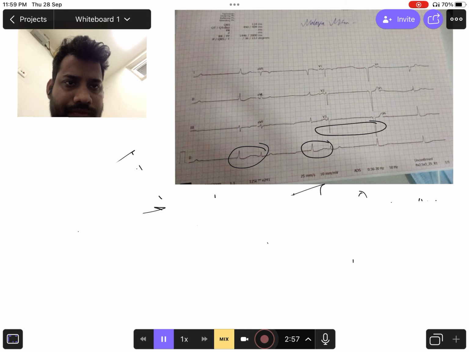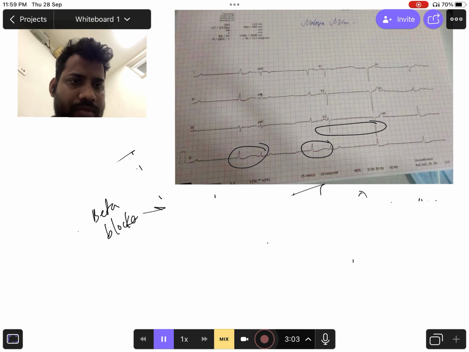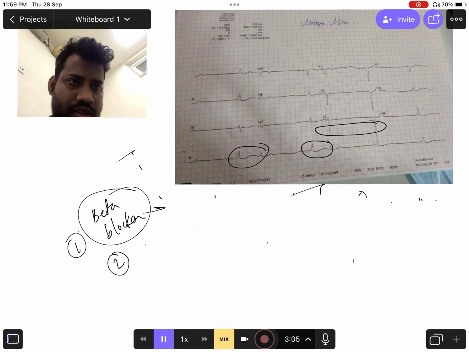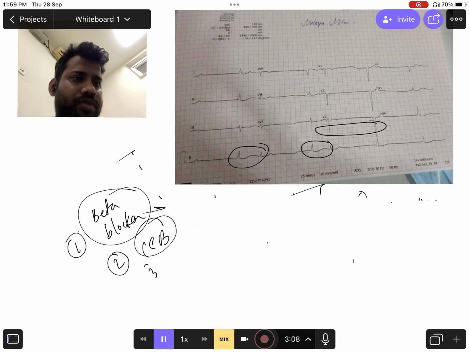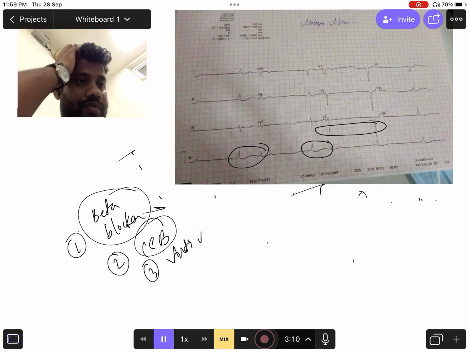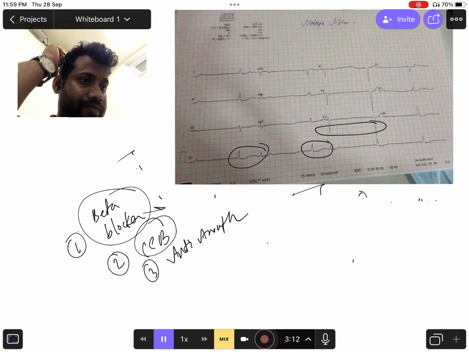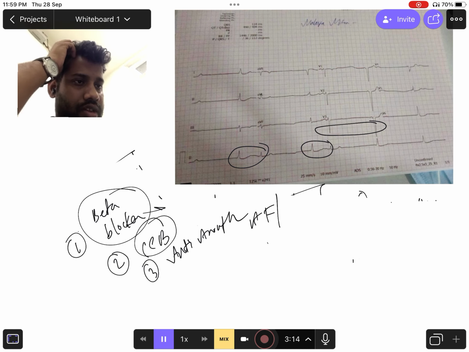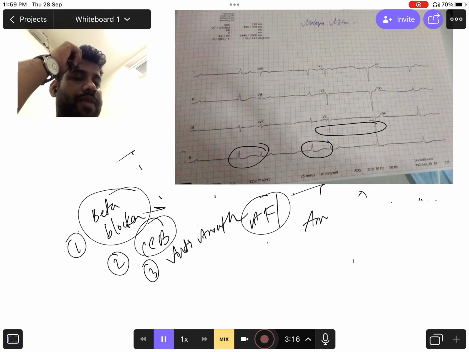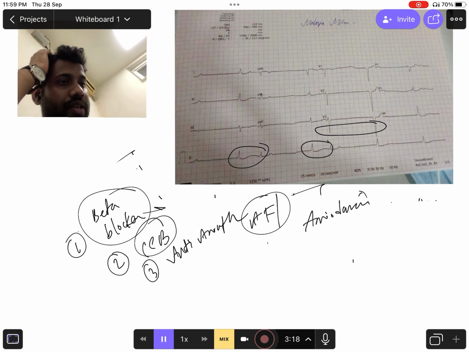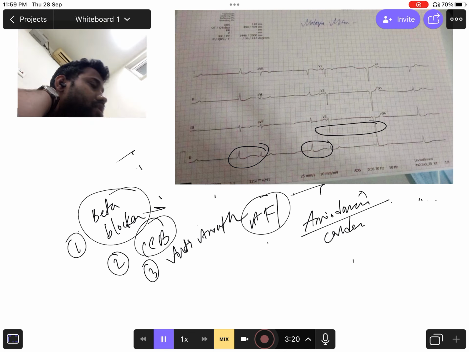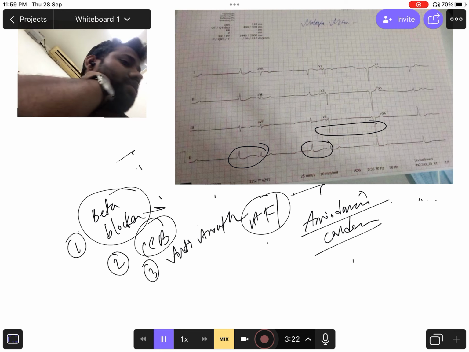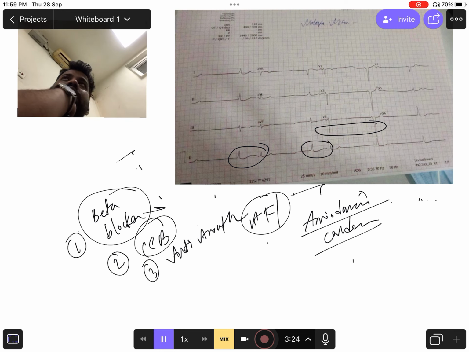We should always rule out drugs like beta blockers, calcium channel blockers, and some anti-arrhythmic drugs, like the drugs we use in atrial flutter or atrial fibrillation, like amiodarone and Cordarone. Amiodarone and Cordarone very commonly cause this type of sinus bradycardia or this type of presentation.